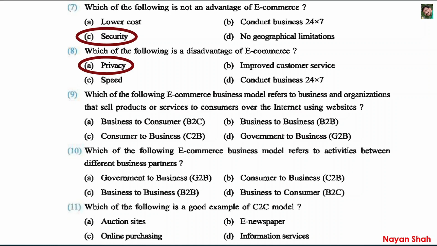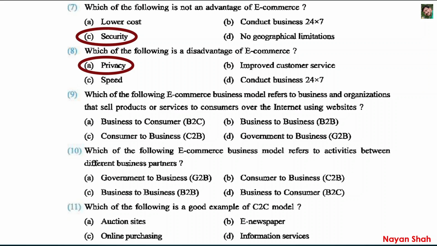Question number 9. Which of the following e-commerce business models refers to businesses and organizations that sell products or services to consumers over the internet using a website? You know that there are certain e-commerce models defined based on which two parties are involved in a business transaction.